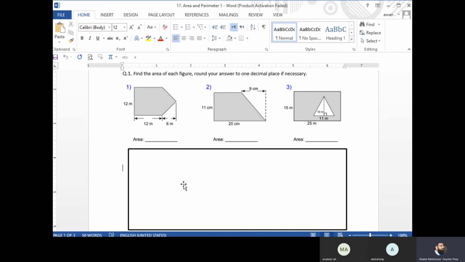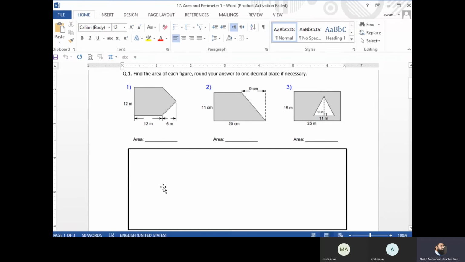Triangle and square. Okay, good guess. We can say that this is a triangle and a square.